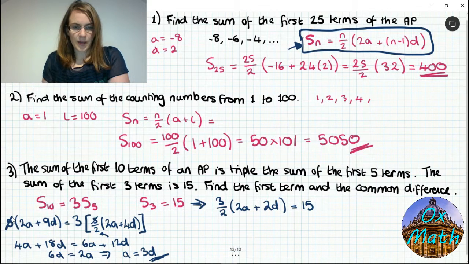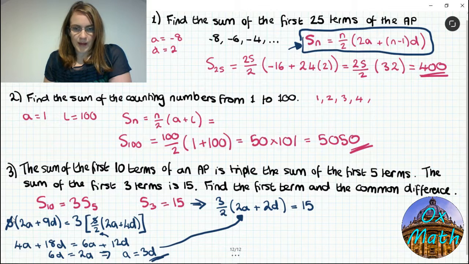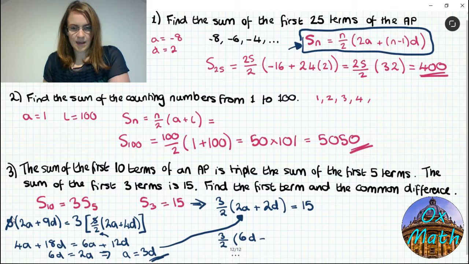Now I know that a is equal to 3d, so I can substitute that into this equation for a. So I know that 3 over 2 lots of 2a, which is 3d, so 6d, plus 2d equals 15. Now if I multiply by 2 over 3, that gives me 8d equals 10.